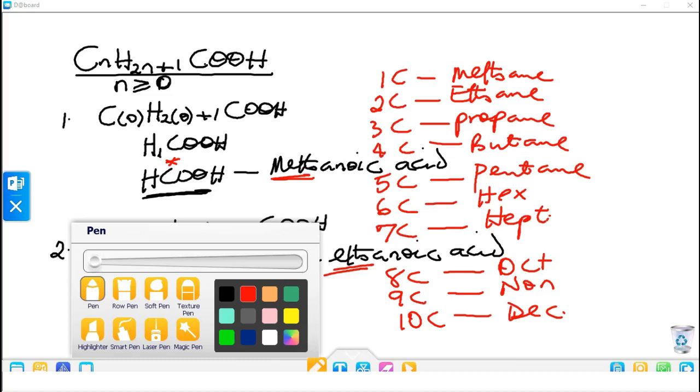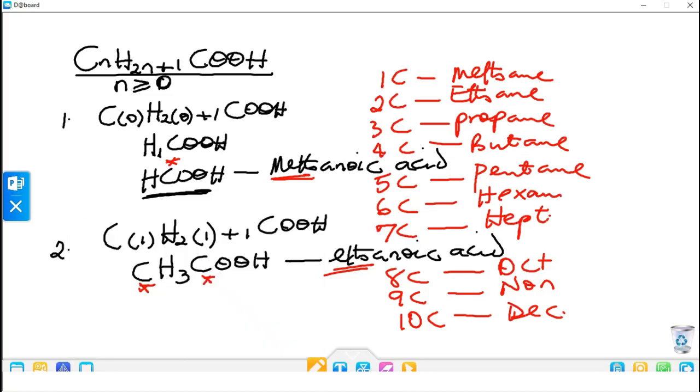So in this case, we're going to still have AN-OL. AN instead of E, OL. So this is how organic compounds are named.